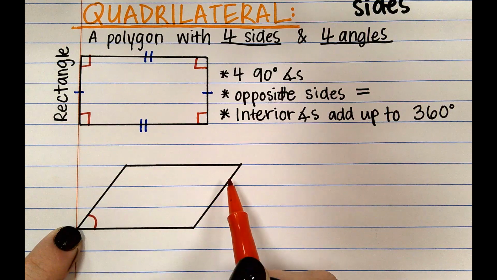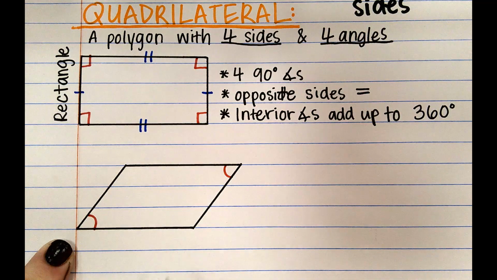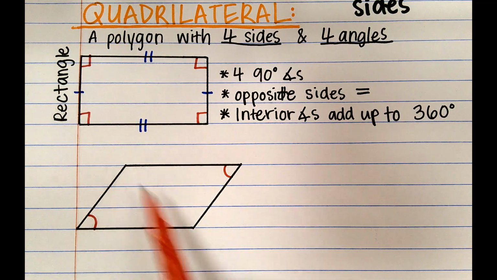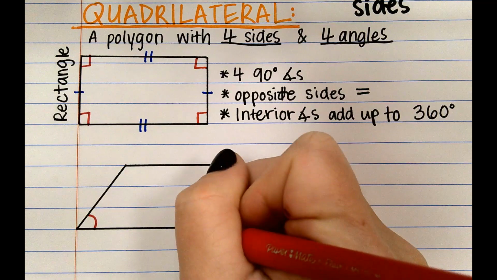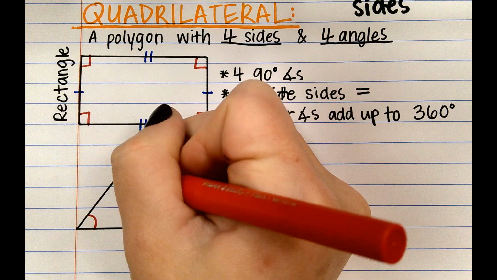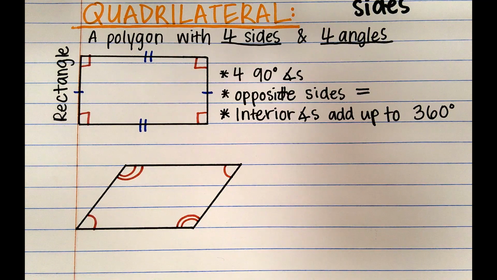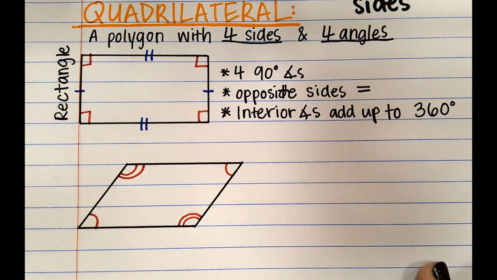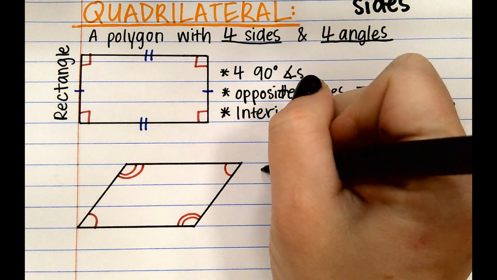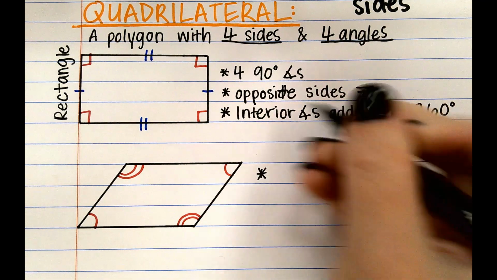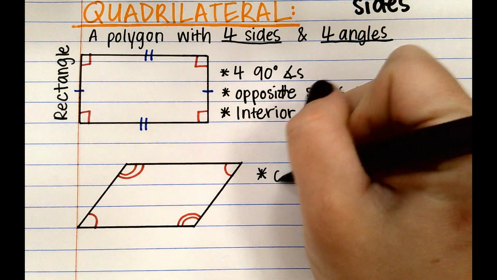And its opposite angle, as it's the same, will also get 1 arc. Then I'll go to my larger angles and I'll draw 2 arcs. Okay, so off to the side, I'm going to put that my opposite angles are equal.